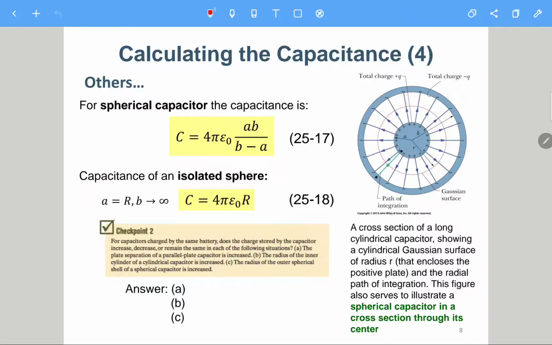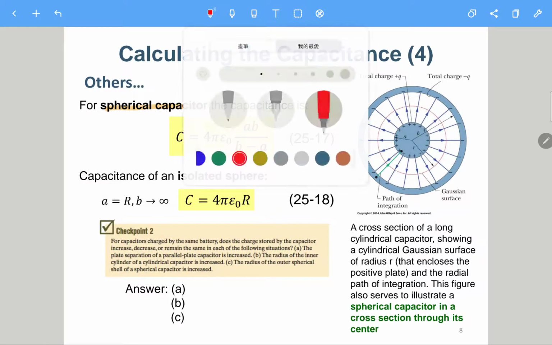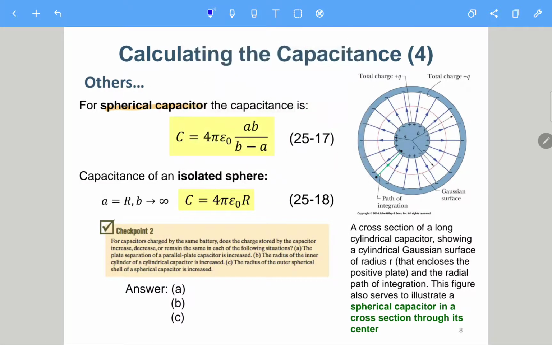So this is the other case for a spherical capacitance, which is choosing the spherical capacitor.